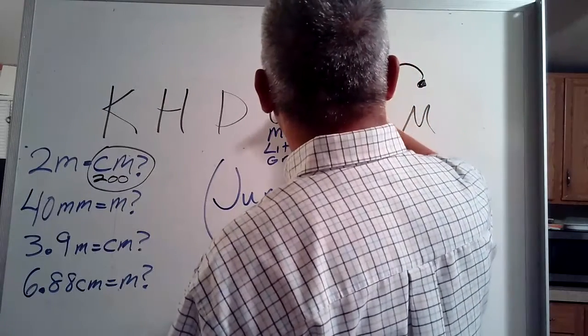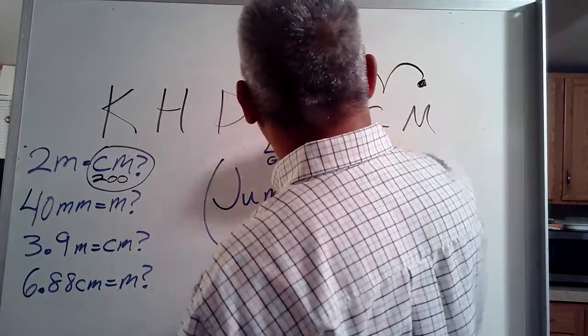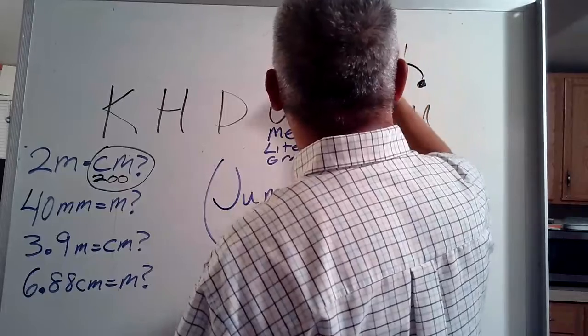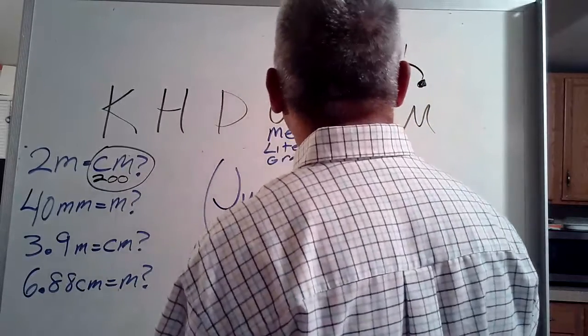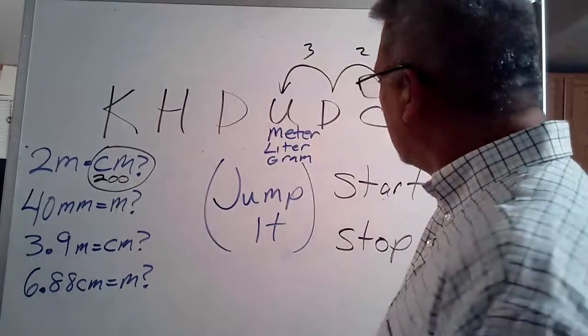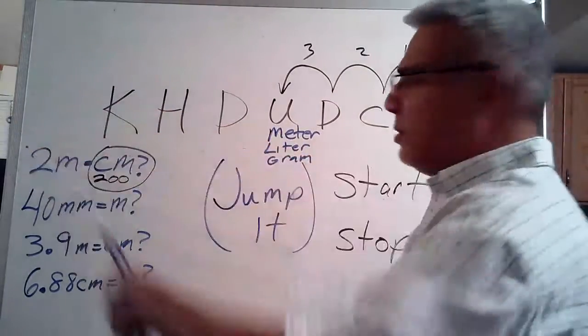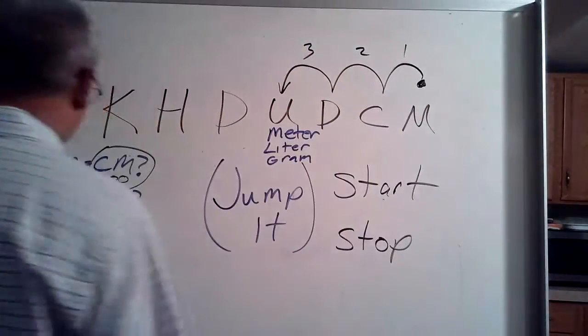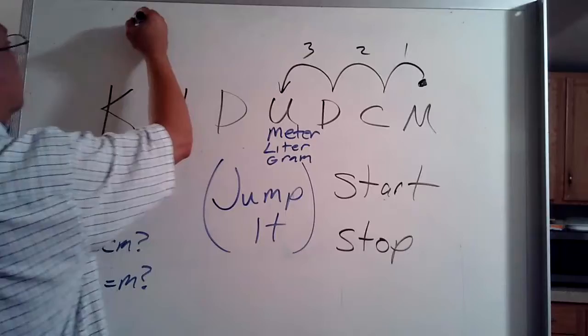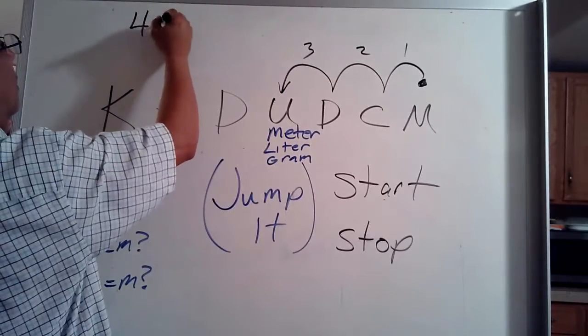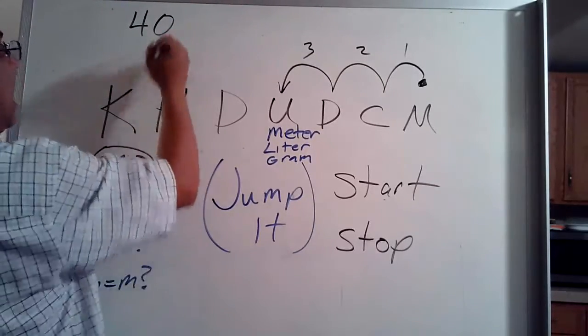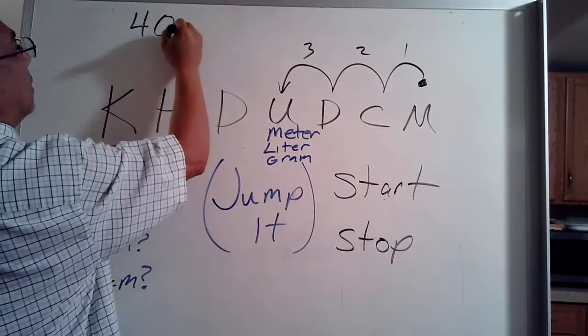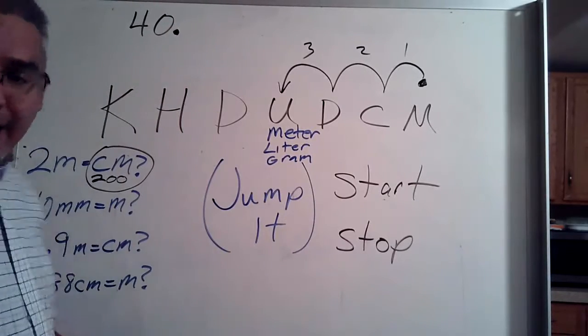1, 2, 3. Now what did you notice? We're going in that direction, and we said 40 mm. So if I put 40, abracadabra, there's my decimal. It was hiding.